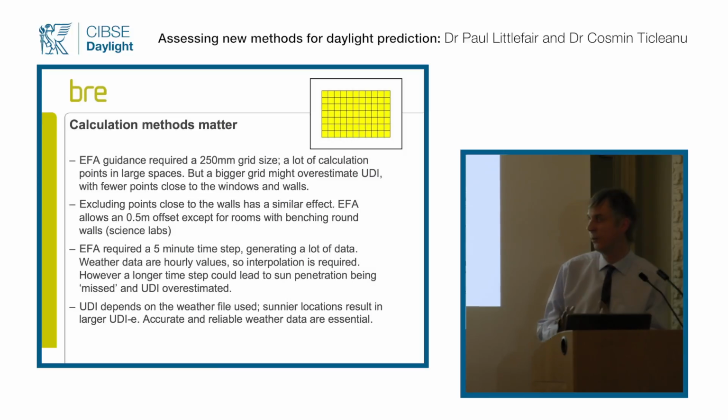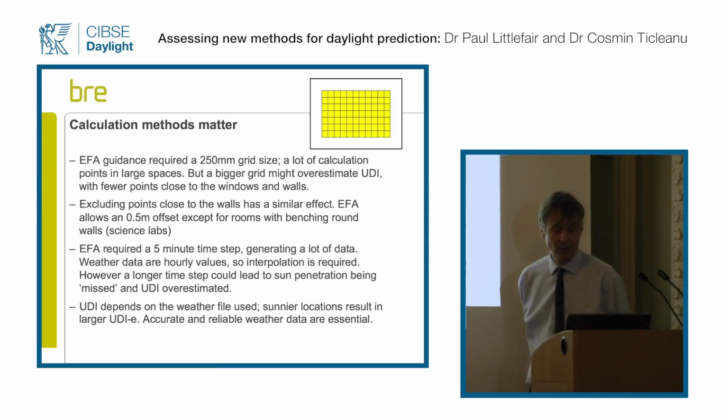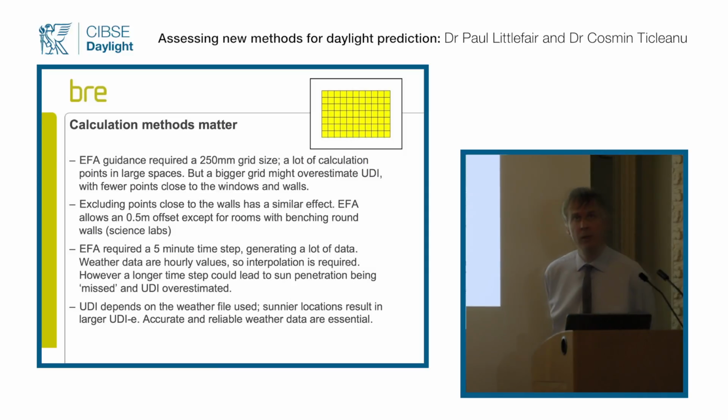And so automatically, by using this sort of approach and this sort of time step, you're actually changing the UDI and probably overestimating it. And UDI also depends on the weather file used, and obviously if you've got sunnier locations, you might have the high level of daylight exceeded for more of the time.